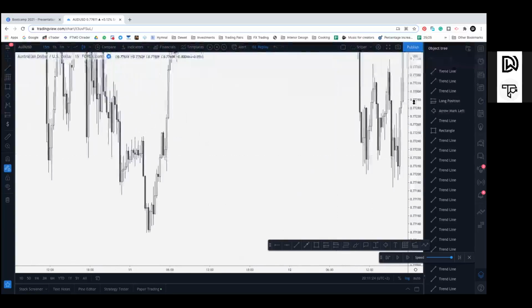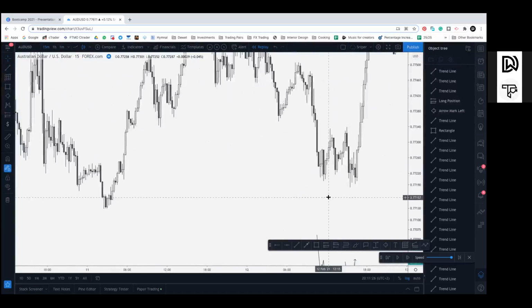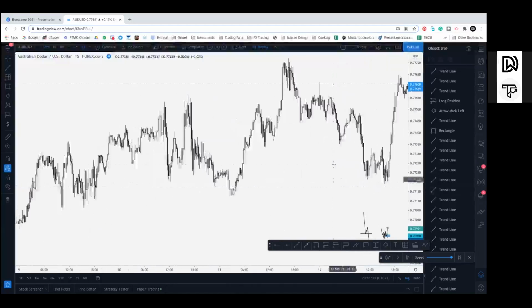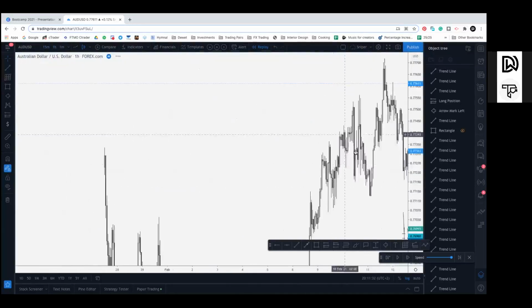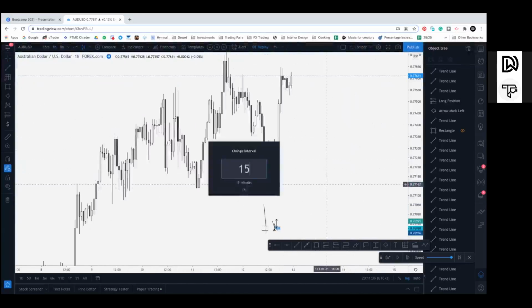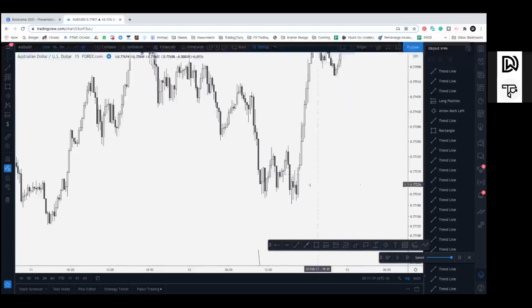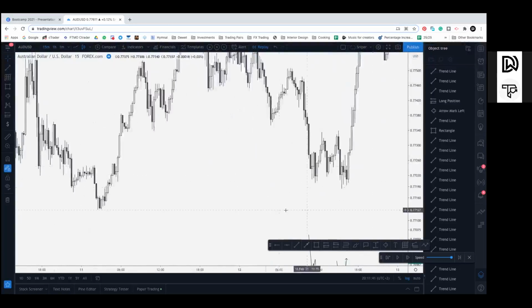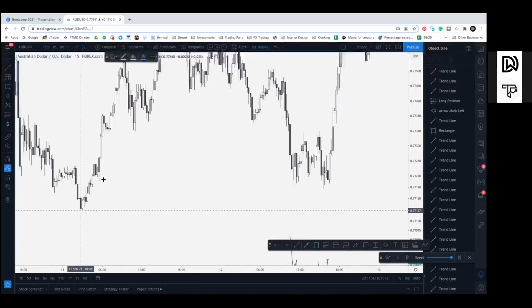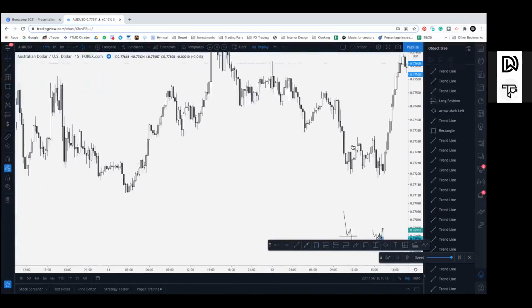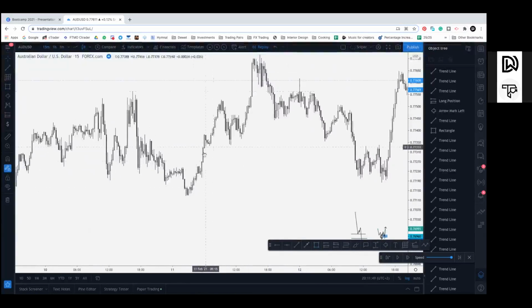So let's just look at this from a 50-minute point of view. Yes, this is where we are. I don't want to confuse you, but for those that understand it very well, on the 50-minute, there's not a clear candle here that broke the major structure.